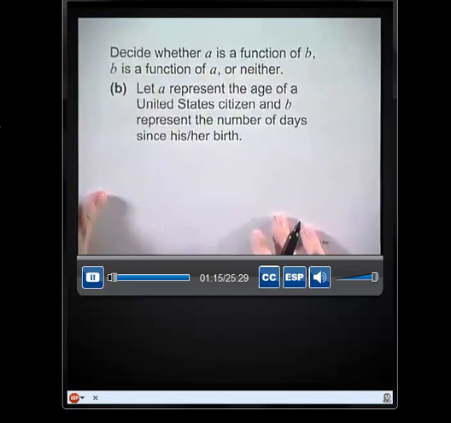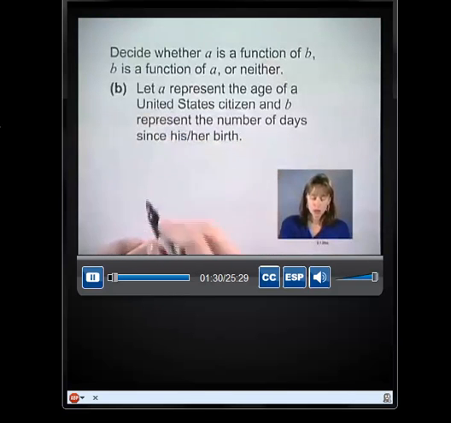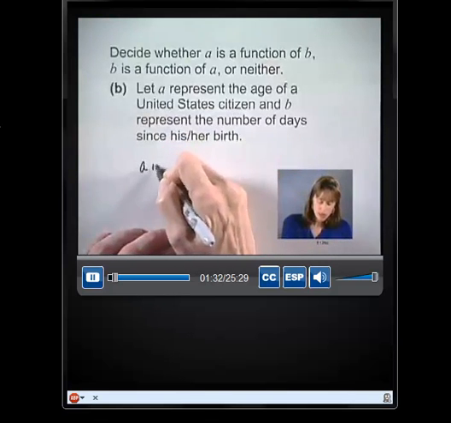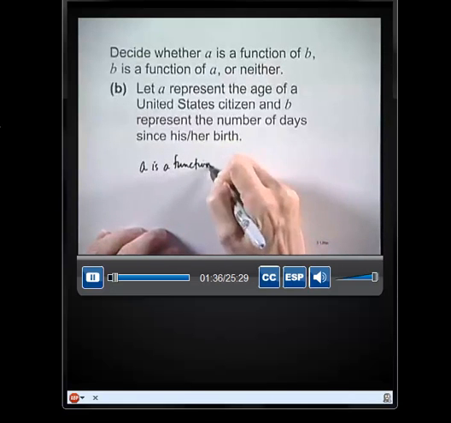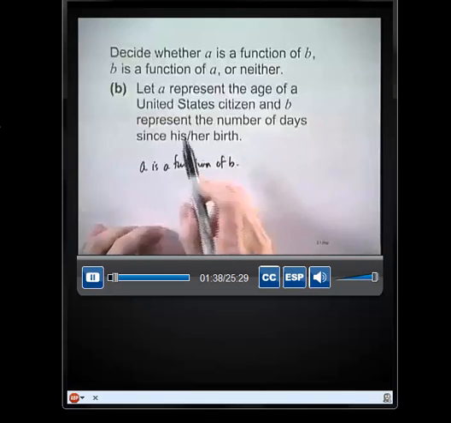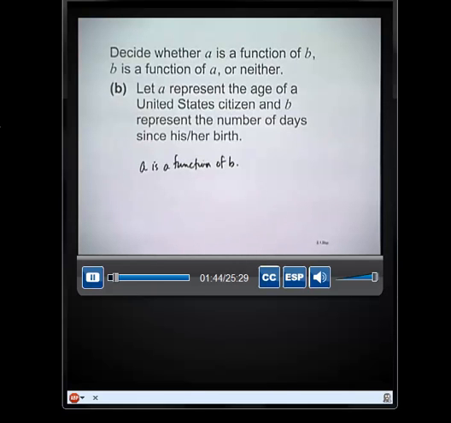Decide whether A is a function of B, B is a function of A, or neither. And in this case, we have let A represent the age of a United States citizen, and B represent the number of days since his or her birth. As far as A being a function of B, we can say in this case A is a function of B, because age does depend on the number of days since a person's birth.